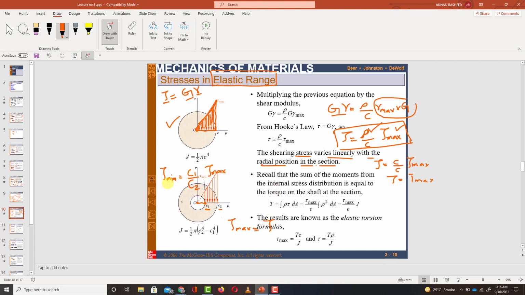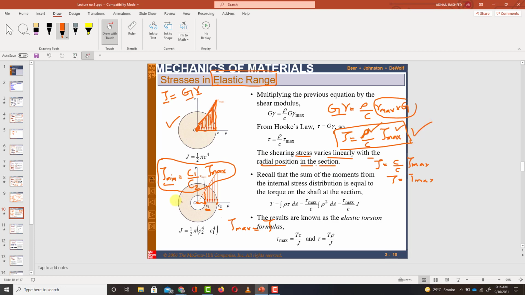Clear? So minimum shear stress will be at point C1 while maximum shear stress will be at point C2. But the shear stress at C1 is not 0. It will have some value, and this value is determined. This minimum shear stress is found by using this tau minimum. The same formula is used.